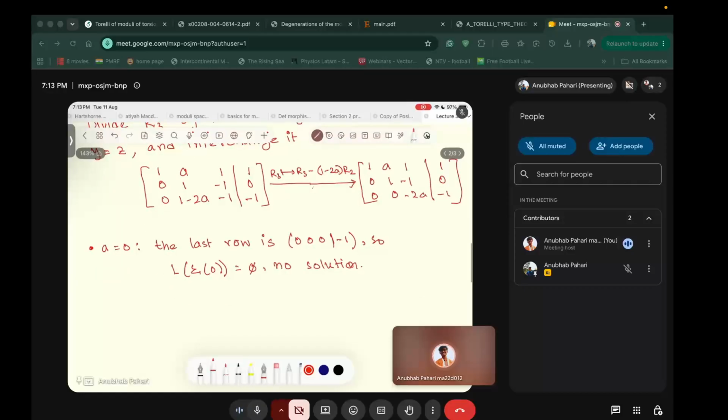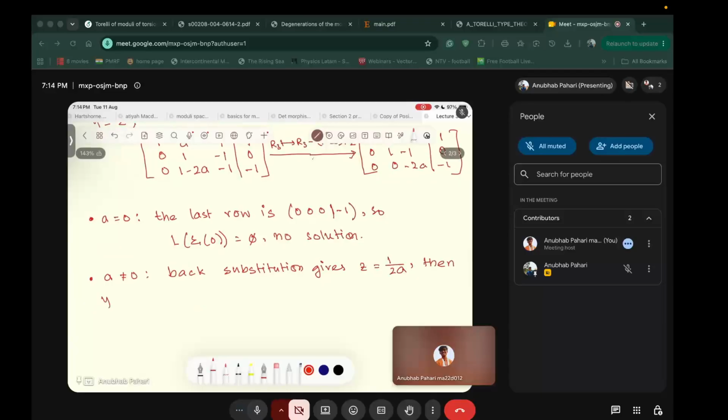And for the second subcase where a not equal to 0, we'll see that back substitution gives z equals 1 by 2a, then y equals z equals 1 by 2a, then x equals 1 minus ay minus z equals 1 minus a plus 1 by 2a, which equals (a minus 1) by 2a.